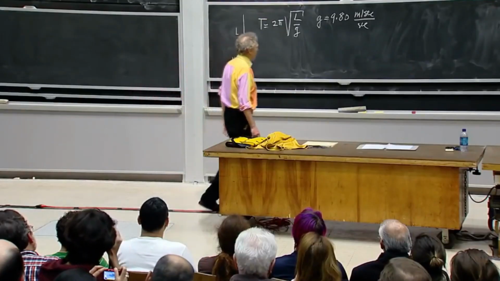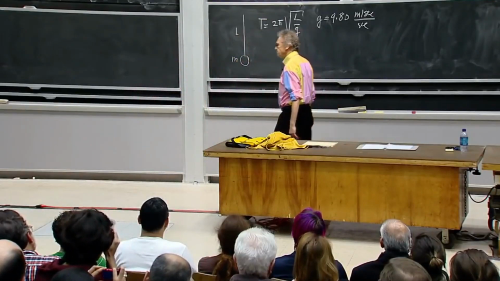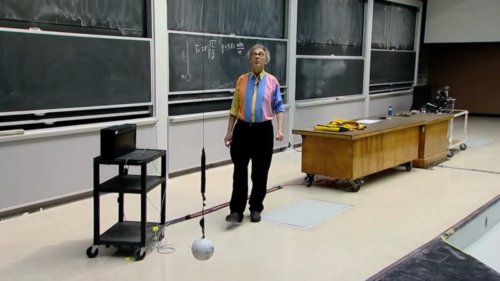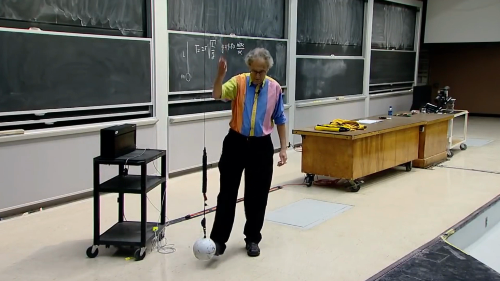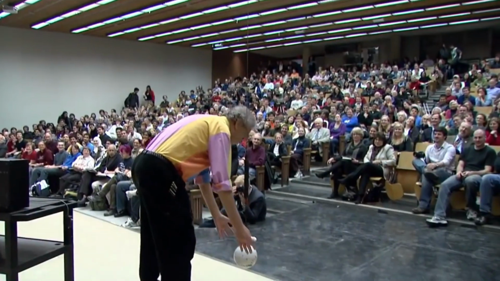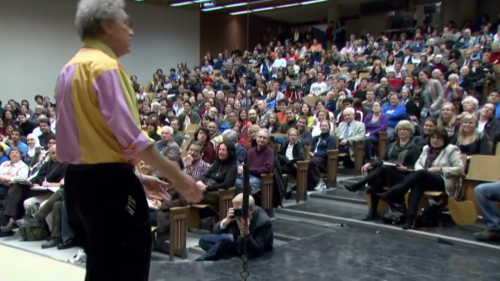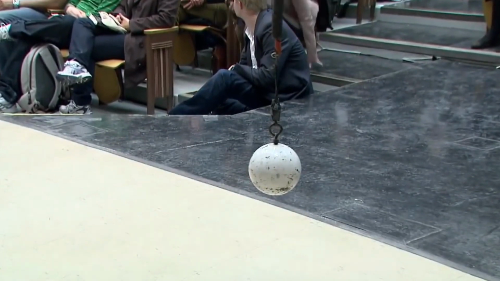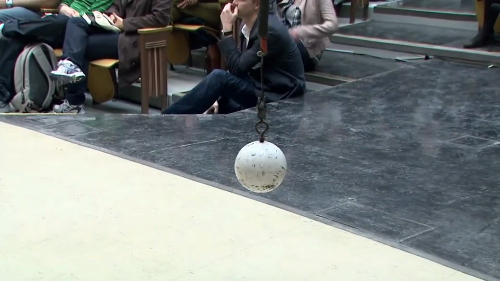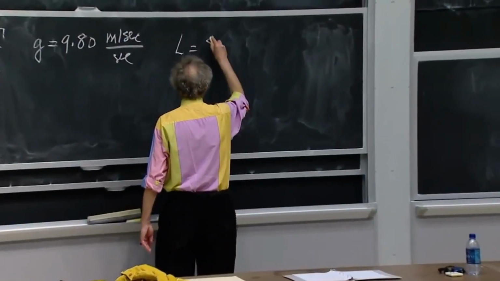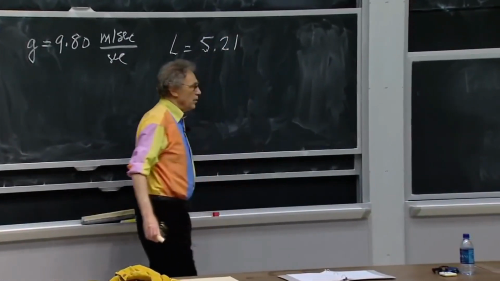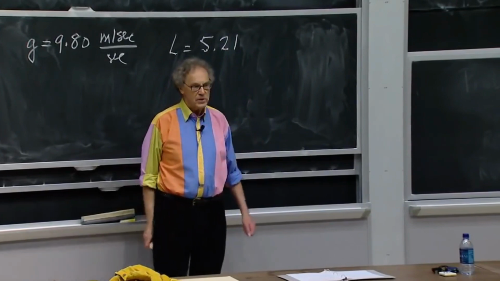Our pendulum that we have here is really the mother of all pendulums. Look at it. 15.5 kilograms, and the length of this pendulum is 5.21 meters. However, you must understand that it is very difficult to measure that to very high accuracy.